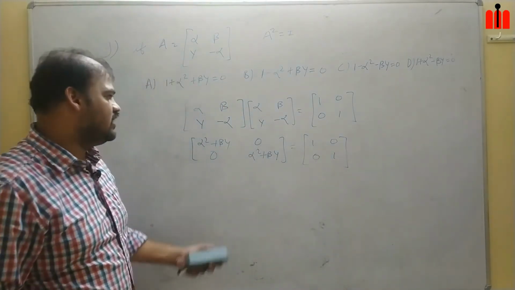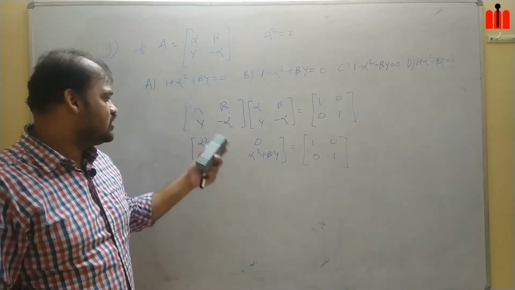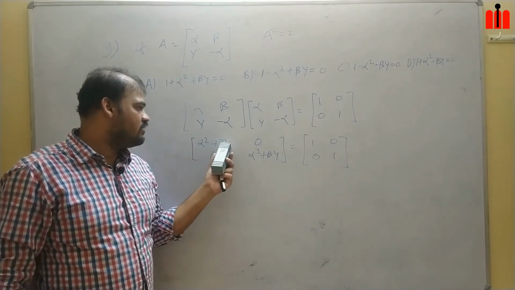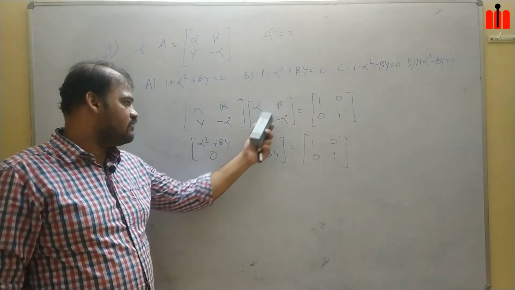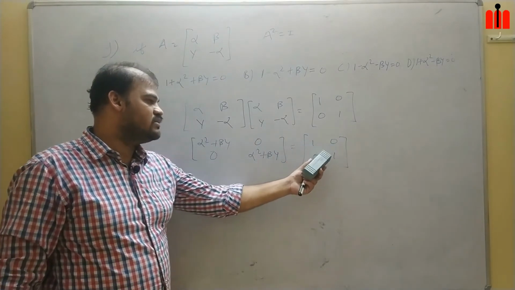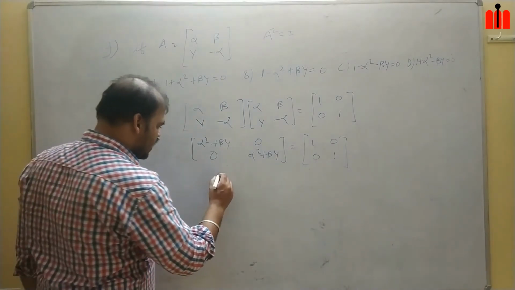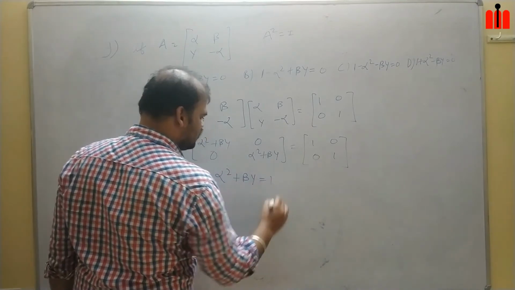Okay. What we had done? We had multiplied these two 2 by 2 matrices. So we will get A square as alpha square plus beta gamma, 0, 0, alpha square plus beta gamma. This is equal to identity matrix 1, 0, 0, 1. Then alpha square plus beta gamma equal to 1.